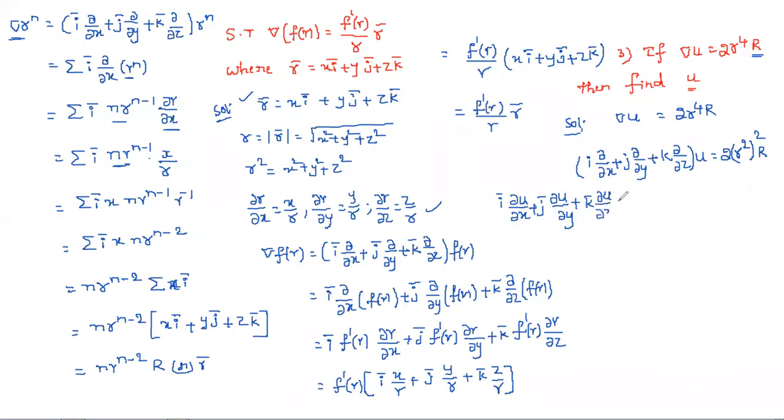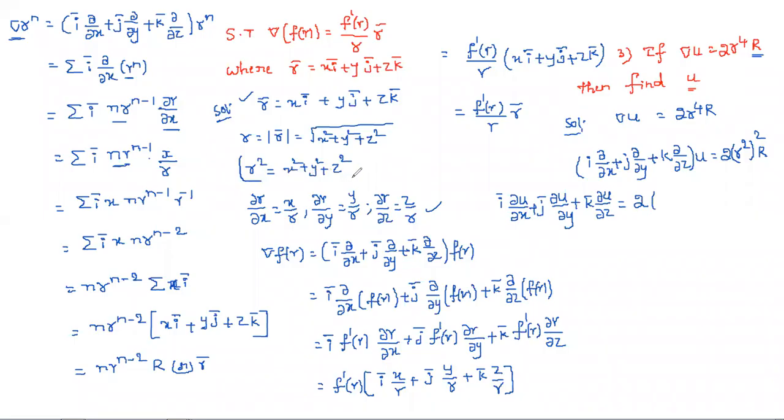Why do we require the vector? Because for comparison on both sides we require the vector. Left side we have the vector, right side also we have the vector.